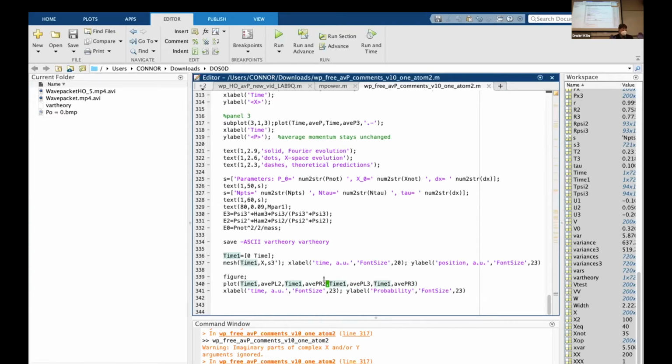If you are not comfortable deleting, then in this line 340, before the closing bracket, type a comma, then an apostrophe, a dash, and close with another apostrophe.